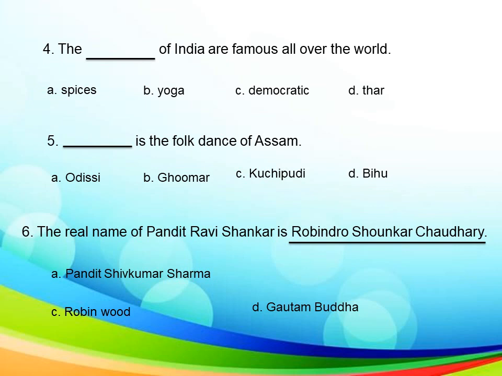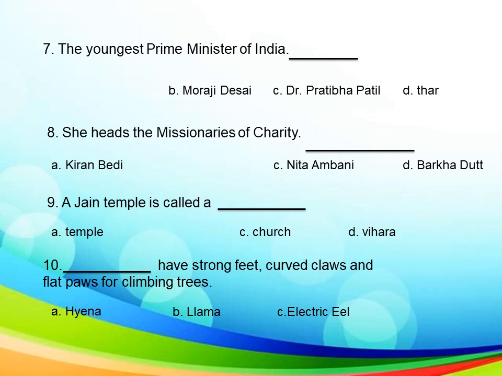The real name of Pandit Ravi Shankar is Robindra Shankar Chowdhury. The next one, the youngest Prime Minister of India is Rajiv Gandhi. She heads the Missionaries of Charity, Sister Nirmala. A Jain temple is called Derasar. And the last one, dash have strong feet, curved claws and flat paws for climbing trees.